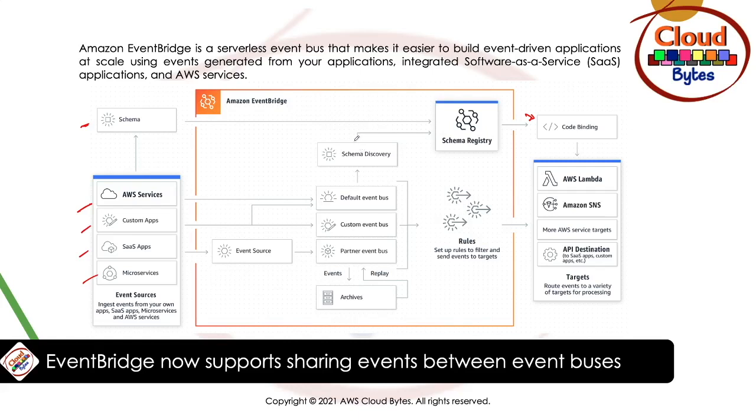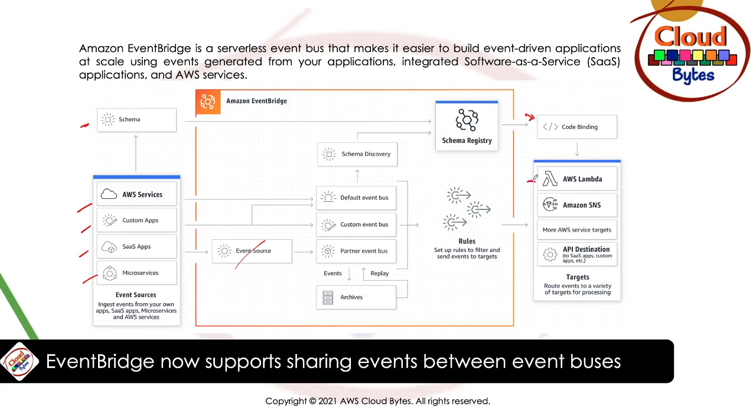They do a schema discovery through the registry, so they know what all schemas are available based on what all event sources are. Based on some set of rules, they send it to the target. So these can be the targets, and targets use the schema to do the binding.